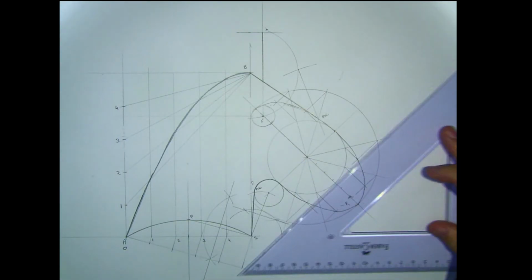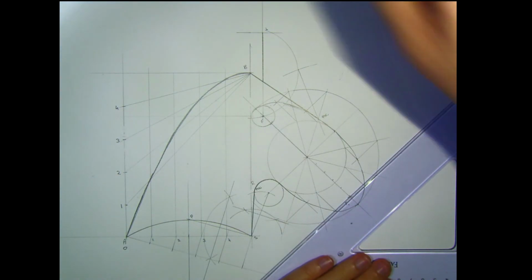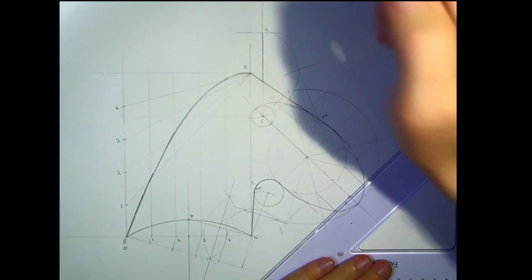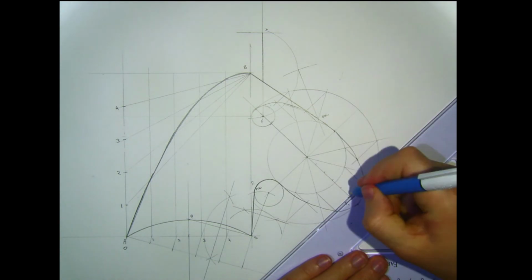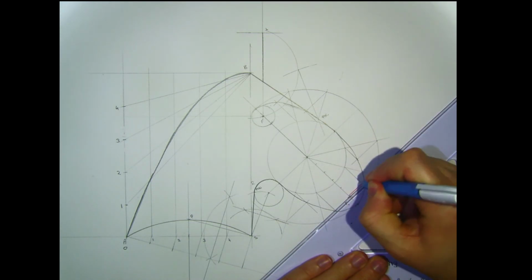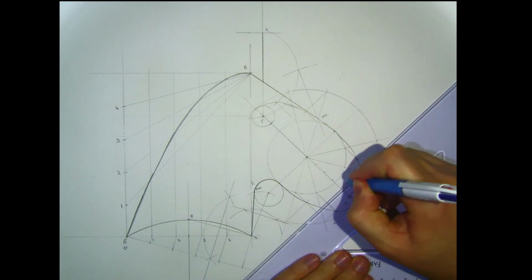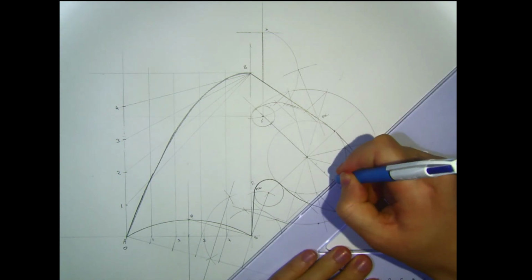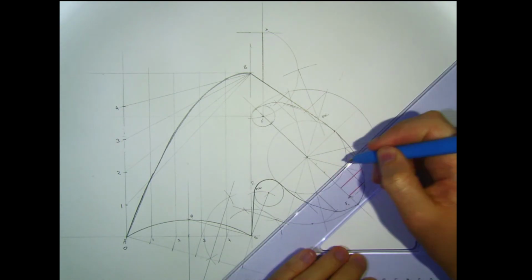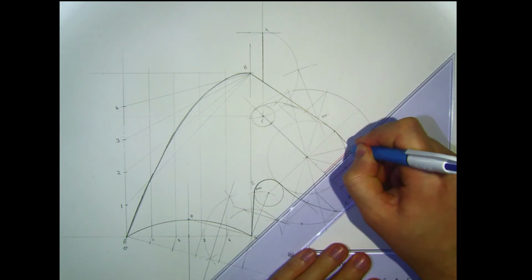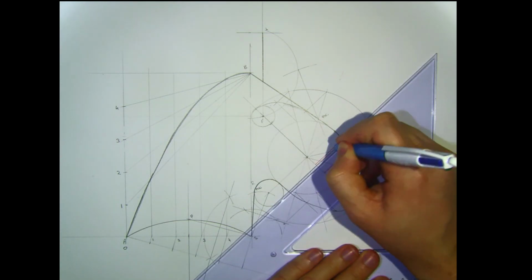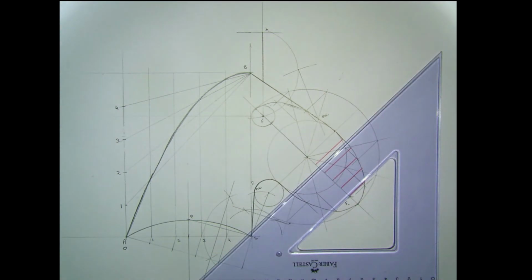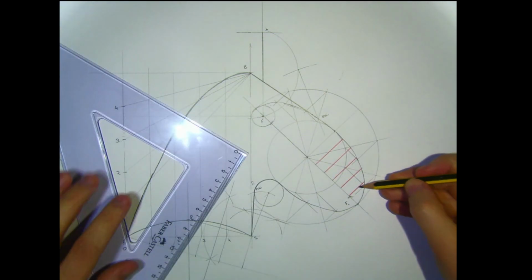And that's going to give me 4 or 5 different coordinate points. That gives me 5 points down along here.